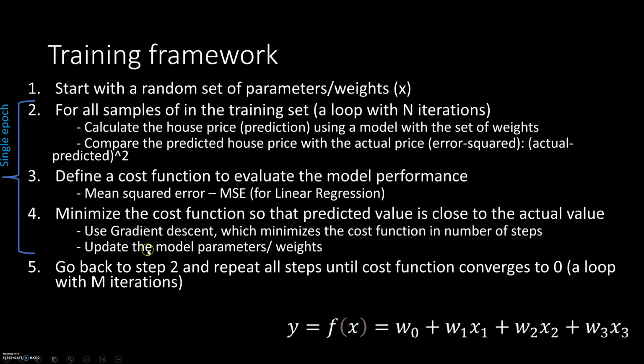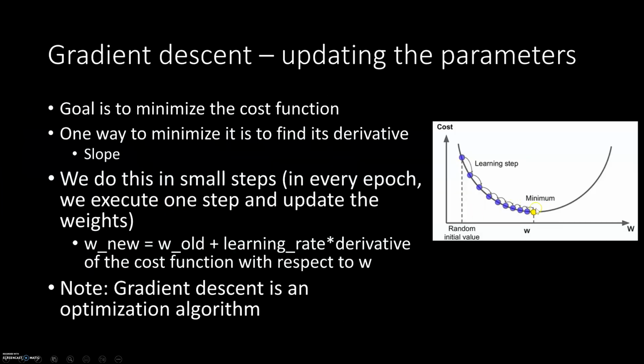We go back, recalculate y or make a new prediction, find the cost function, and then again take the next gradient descent step, update the parameters, find the cost function again, and we keep doing that until the cost converges to some value. So that's really what gradient descent is. It's an optimization algorithm.